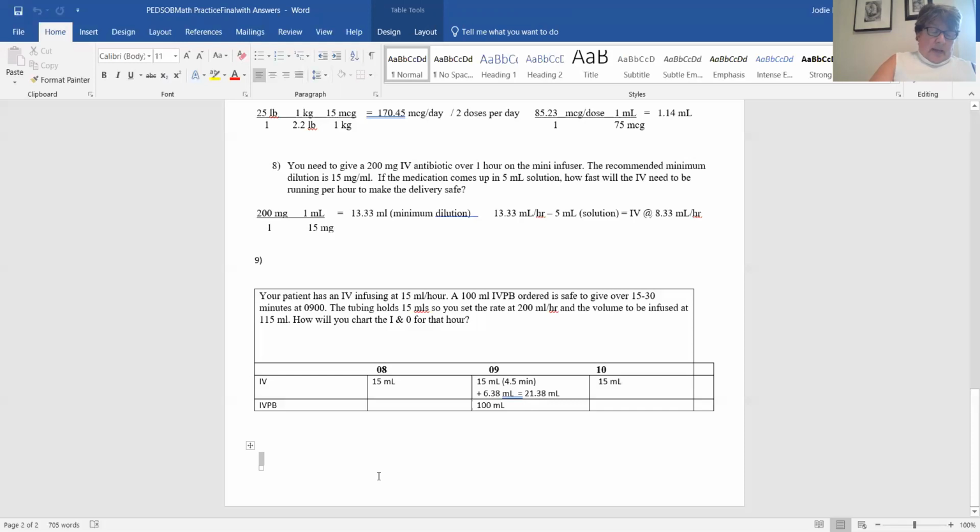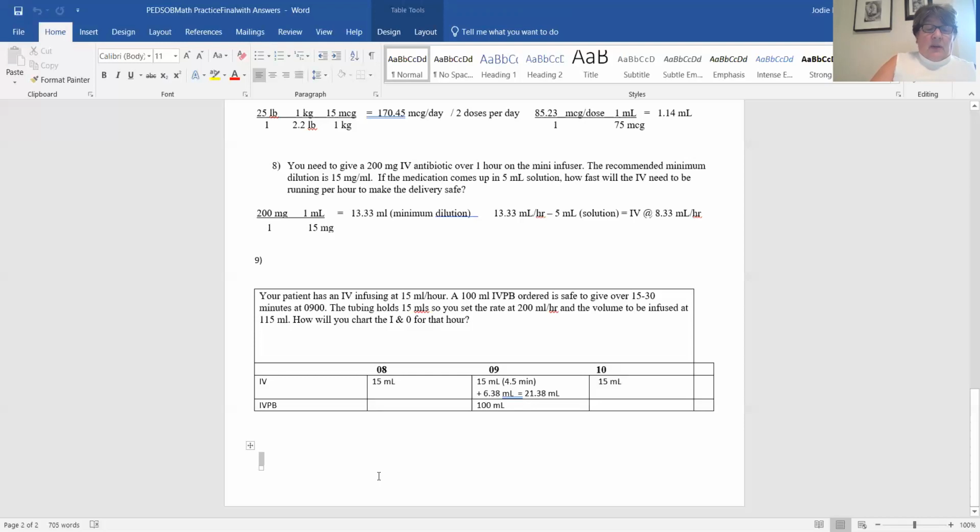So you'll multiply the 25.5 minutes times 15 milliliters. And then you'll divide by the 60 minutes from your conversion for your 1 hour to your minutes.